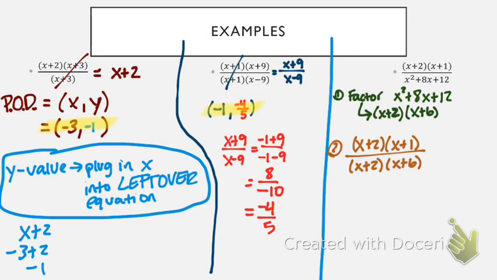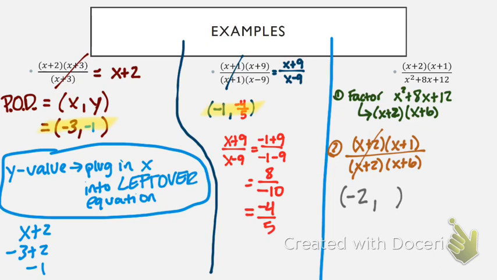And now that we factored it, here's why we factored it. Now that we factored it, do we see if something cancels out? Yes. So after we factored it, x plus 2 and x plus 2 are the same, so they get crossed out. So my point of discontinuity here, my hole, the x value is negative 2.